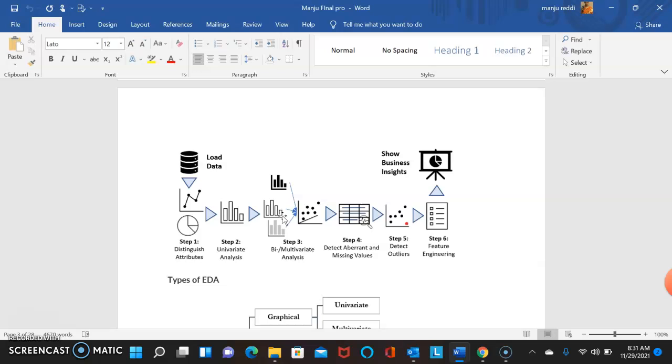Then coming to the 5th step, detecting the outliers with a highlighted mode so that we can easily identify them.